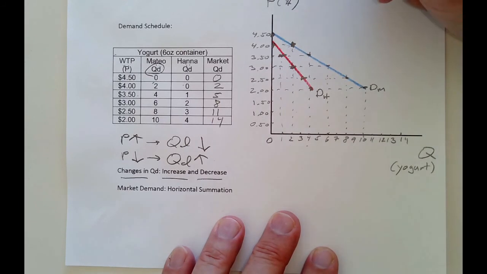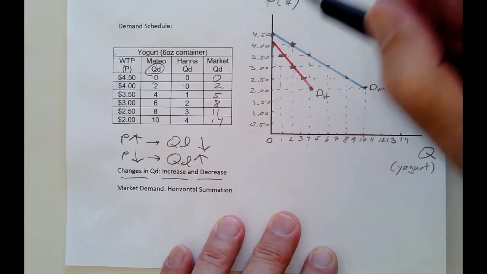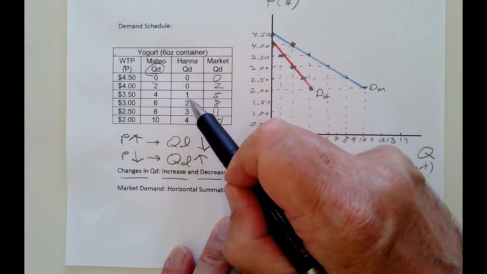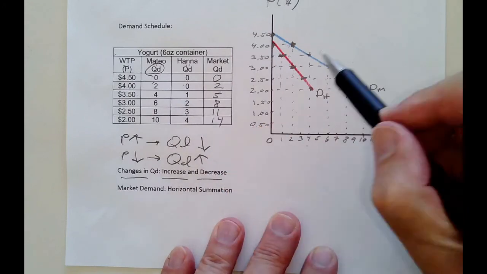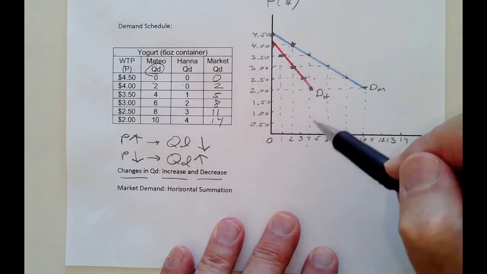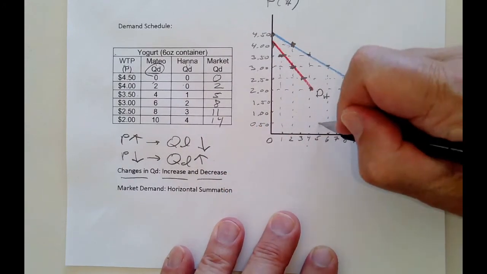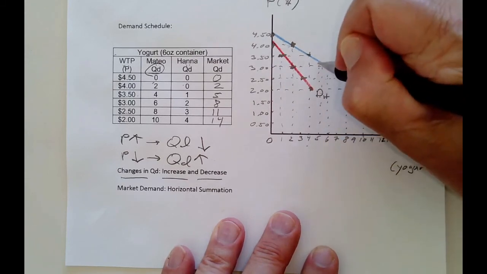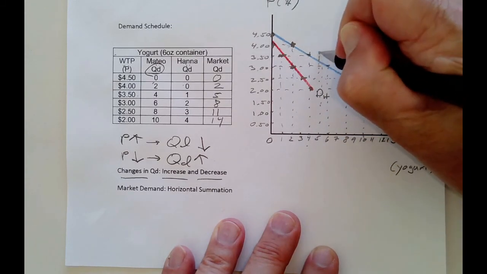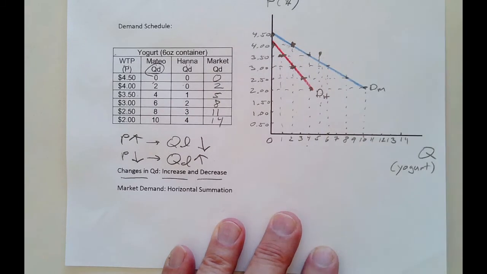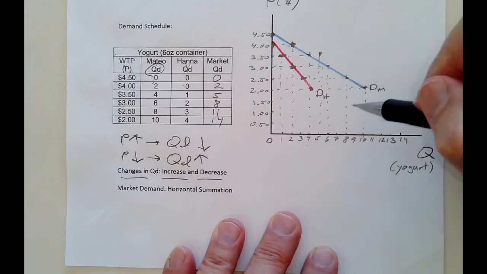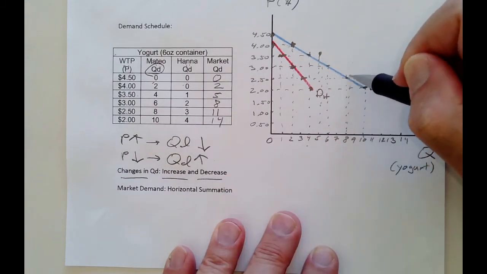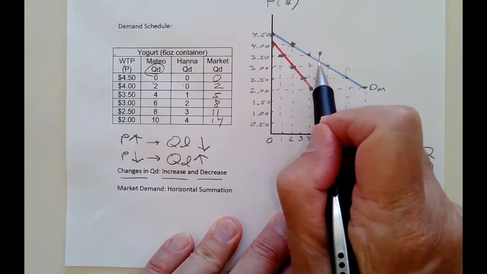And now at $3.50, Hannah comes in, and so we have 1 from Hannah, we have 4 from Mateo. That means the market has a number out here, right there. And now at $3, it's 8. So here's 8. Here's $3, and that'll be about there.